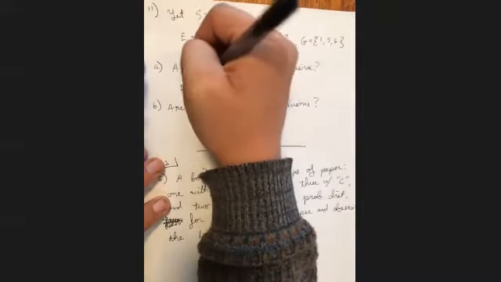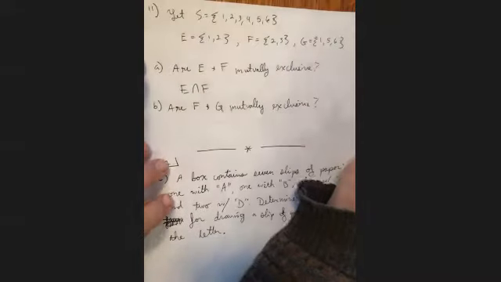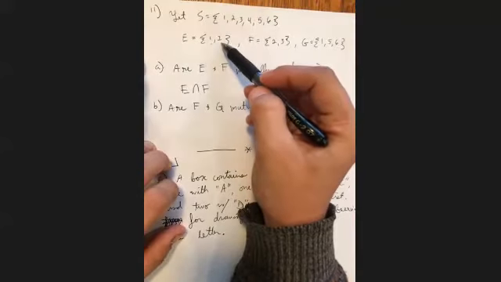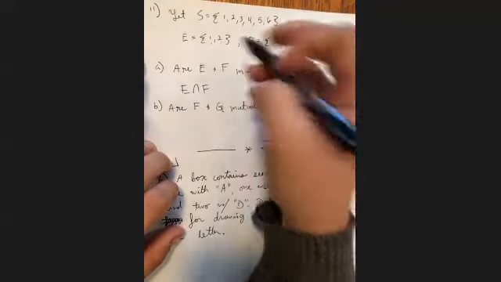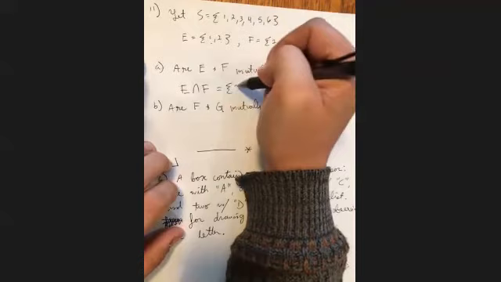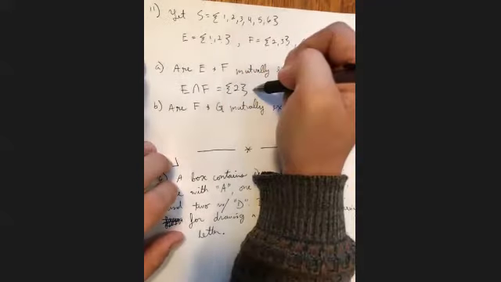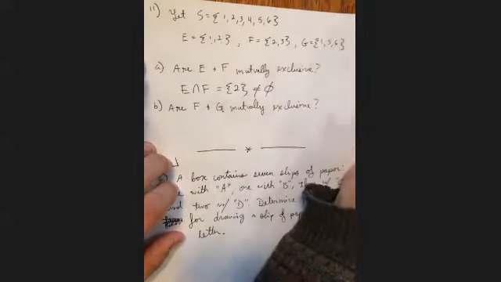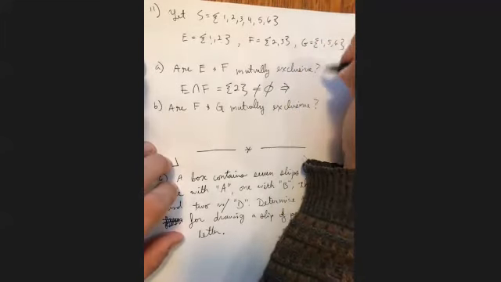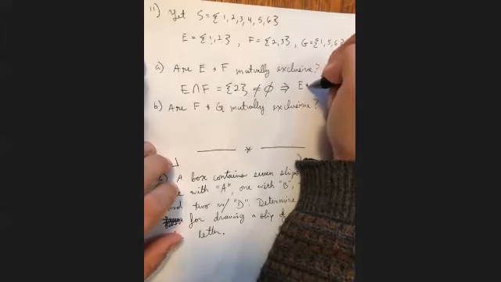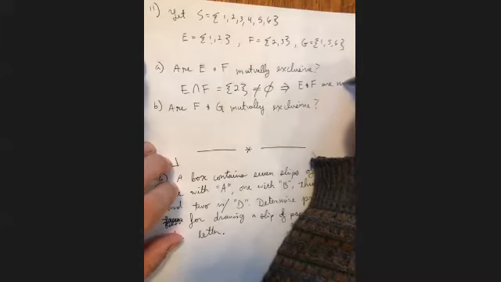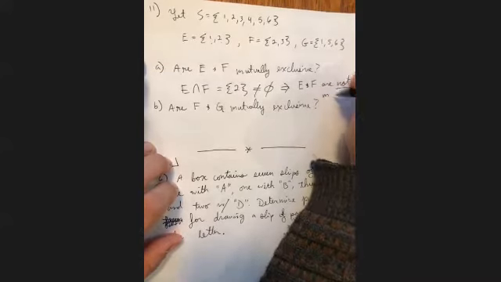So if we look at E intersect F, E consists of 1, 2, F consists of 2, 3. So the intersection has 2, which is not empty. Therefore, E and F are not mutually exclusive.